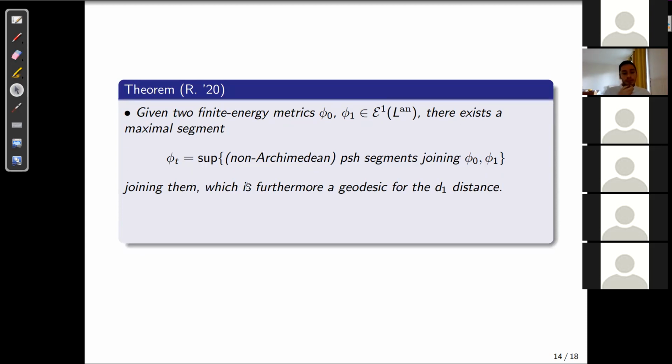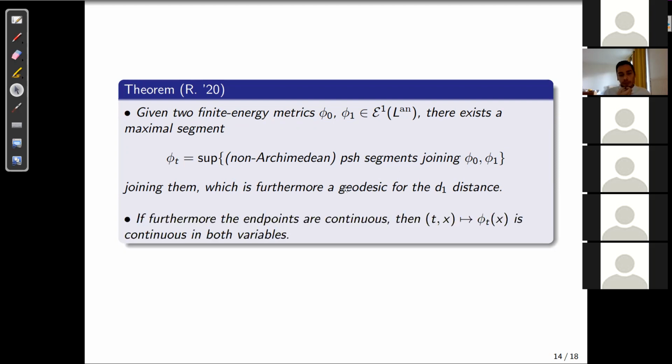And this maximal segment is also a geodesic for the D1 distance. And we have the E1 regularity, because I did not mention it here, I should probably mention it, but phi_t is in E1 for all t.